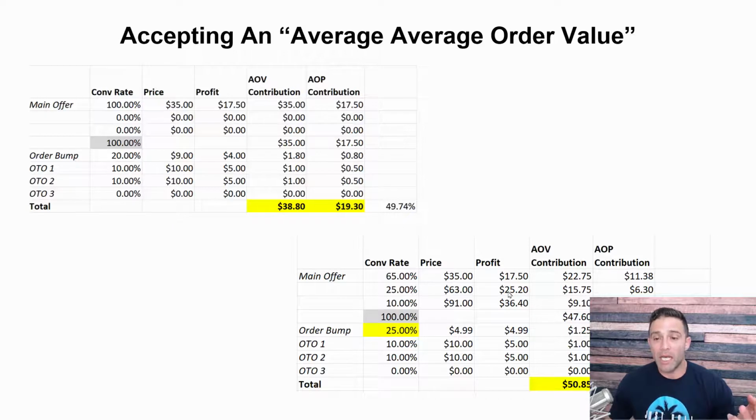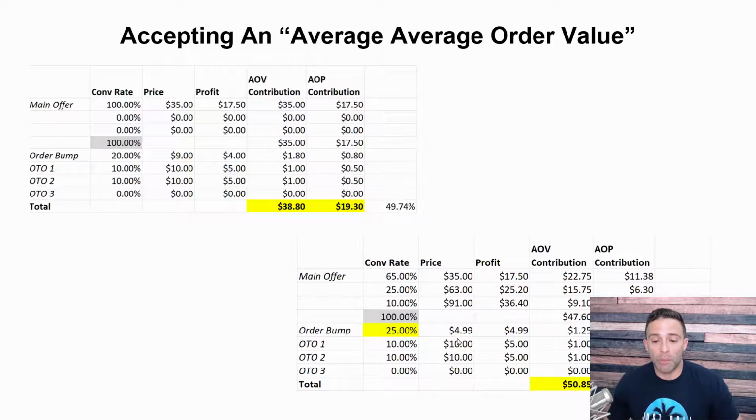This is a pretty common breakdown. Here you can see our average order contribution went from 35 to 47.60 because we have multiple quantities, which bumps up average order value. Now our average order profit margin goes down a little bit, to 46% overall, but the profit itself goes up, which is the main thing we're trying to do, because that gives us an extra $4.26 to acquire a customer, which is a big deal.